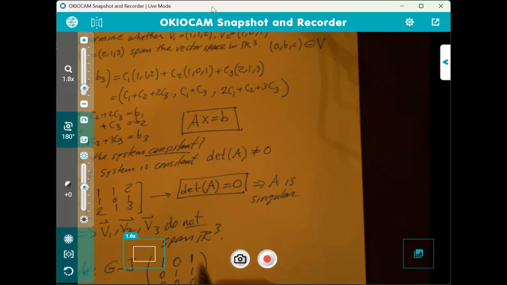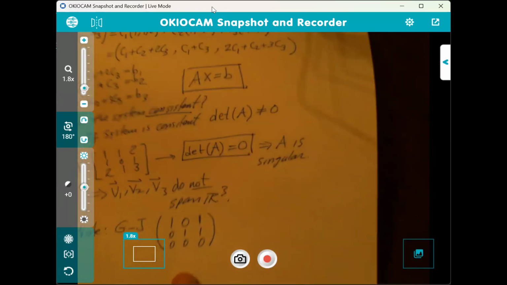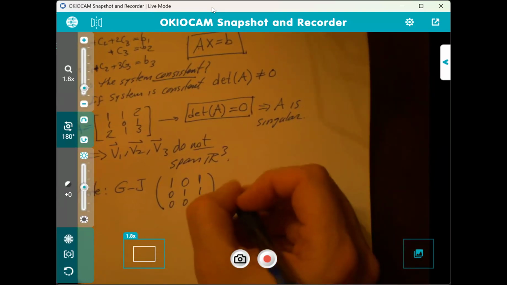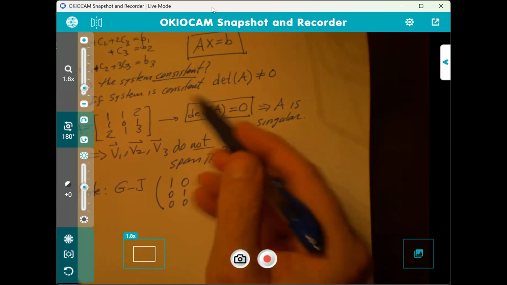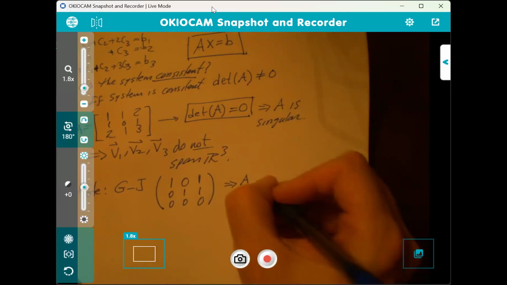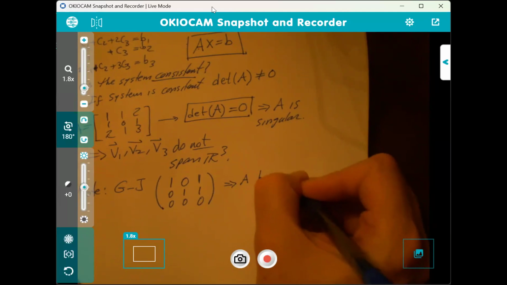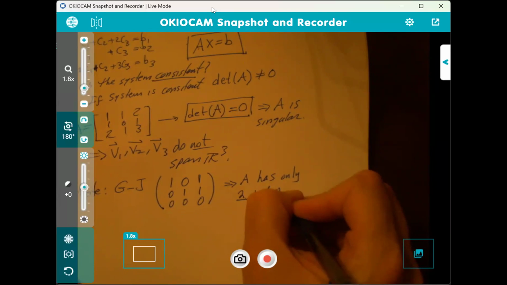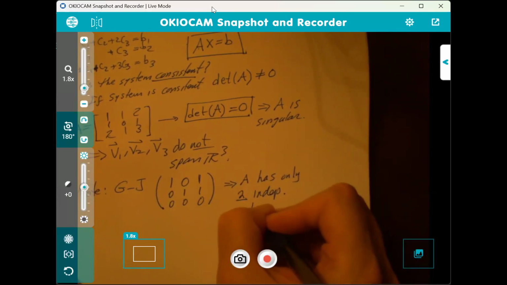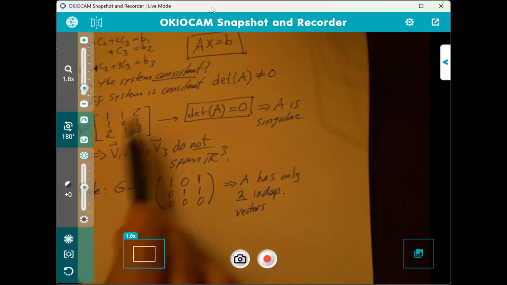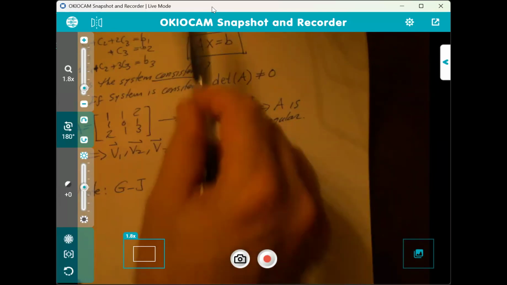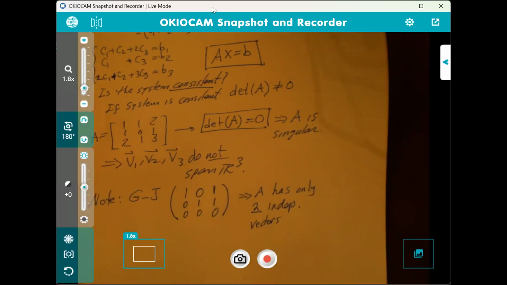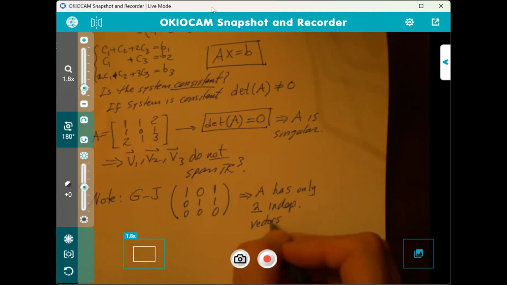Because I have a row of zeros here, that tells me that matrix A, this matrix of coefficients, has only 2 independent vectors. In other words, one of these vectors is itself a linear combination of the other two. It has only two independent vectors.